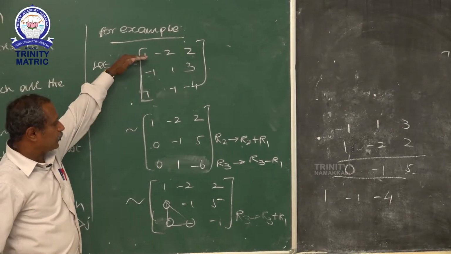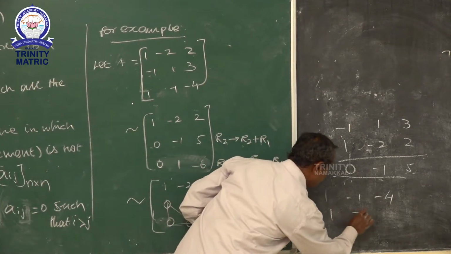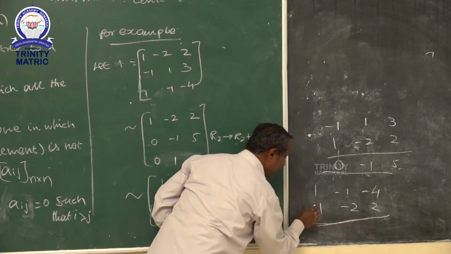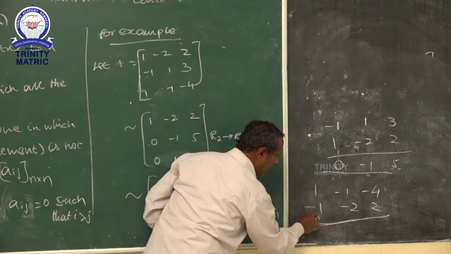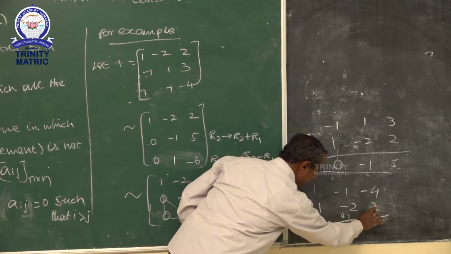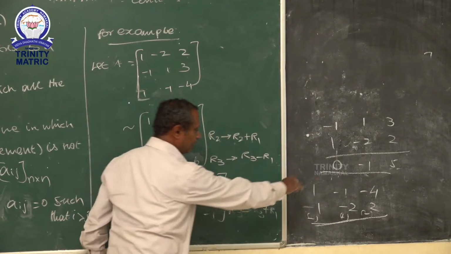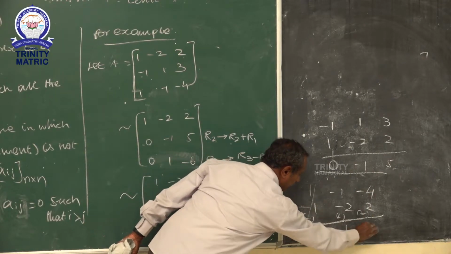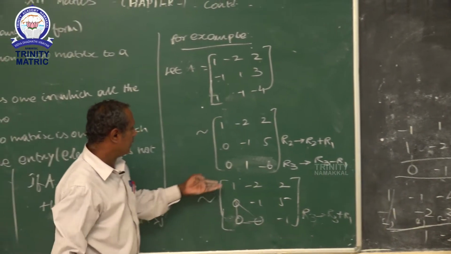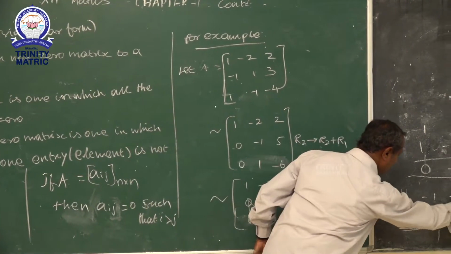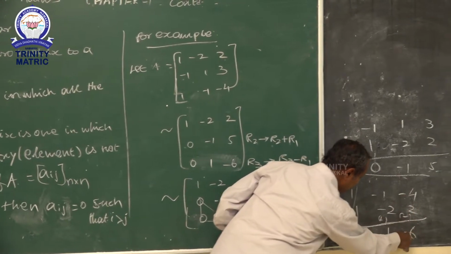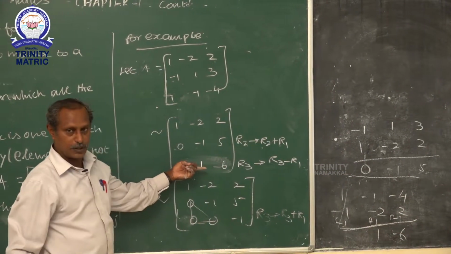Then take the first row and subtract it. Minus means all the signs change: plus becomes minus, minus becomes plus. So 1 minus 1 is 0, then plus 1, and minus 2 and minus 2, so this becomes minus 6, because minus 4, minus 2 gives minus 6. So the row comes here.